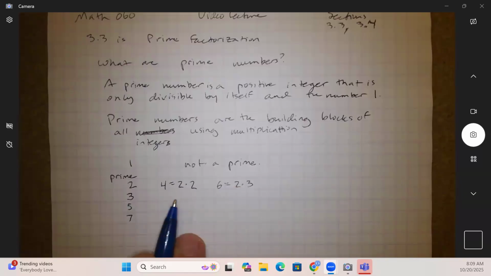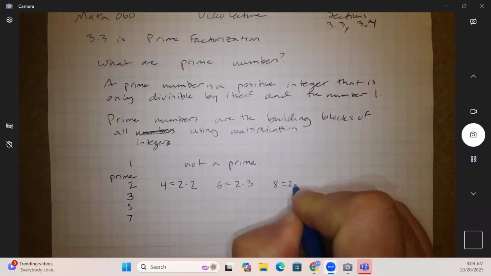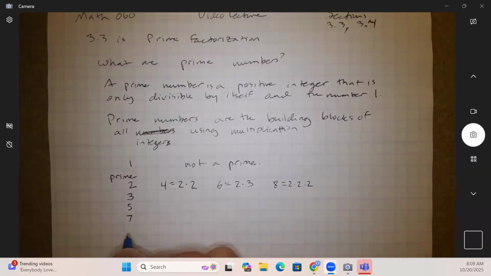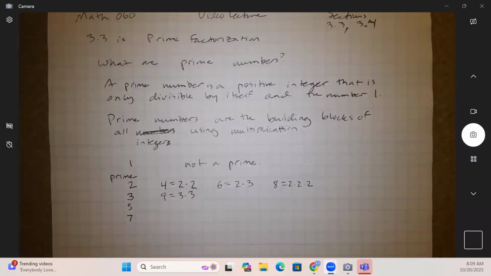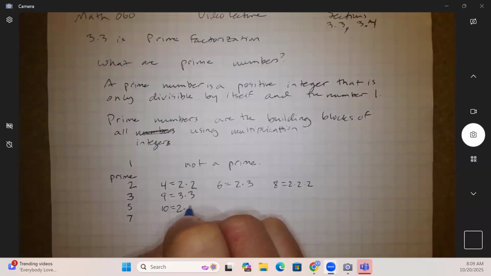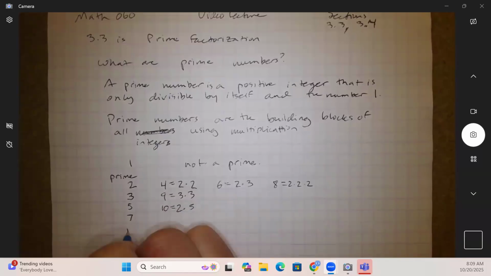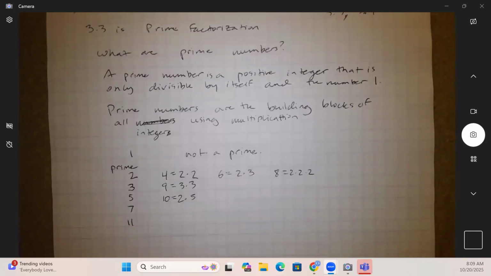And all the other numbers I can list using some of the multiplication. 8 is 2 times 2 times 2. 9 is 3 times 3. 10 is 2 times 5. I'll go ahead and put it here. But 11, all right, I have to put over here because I can't get 11 by multiplying any other numbers. 12, that's not a problem.